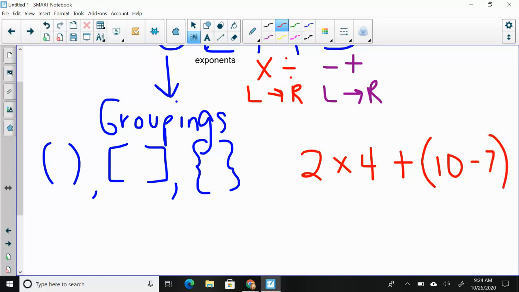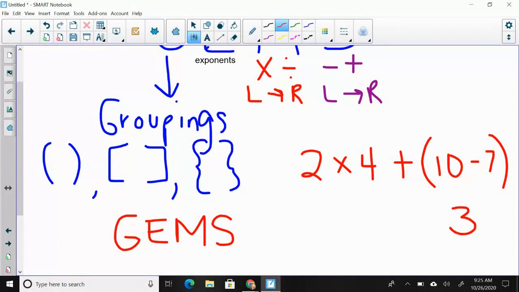And I thought about GEMS. Do I have anything that is grouped? Jasmine? Yes. What's grouped? Right. So since I have a grouping, I have to do that first. So 10 minus 7 would be 3.